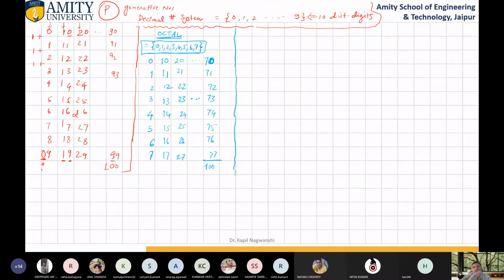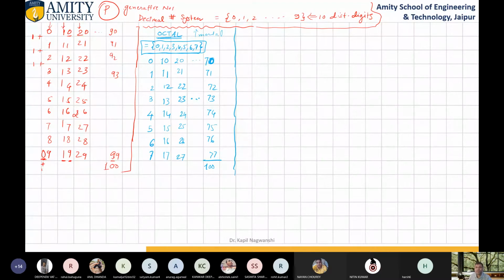After 7 there will be no 8, and after 77 there will be no 80 or 78, 79 like this. We only have permission to write numbers using these digits only, and it must be incremental in nature, not like you can use permutation and combination of these numbers. Why incremental? Because to understand the concept.